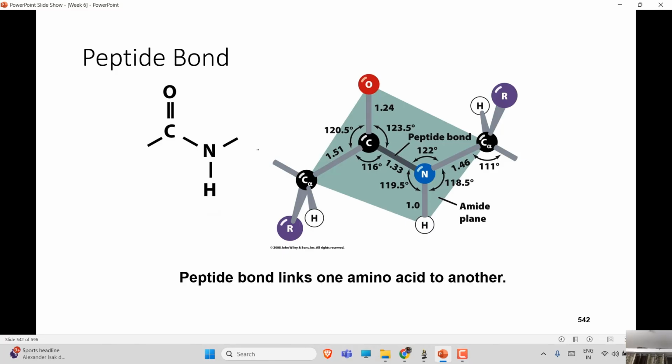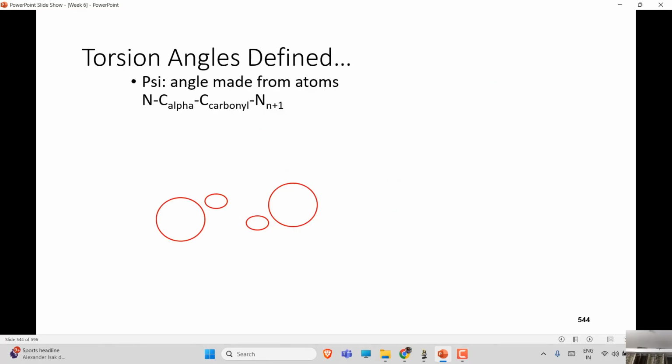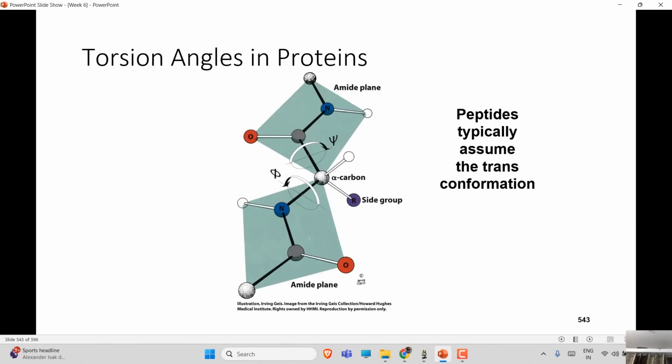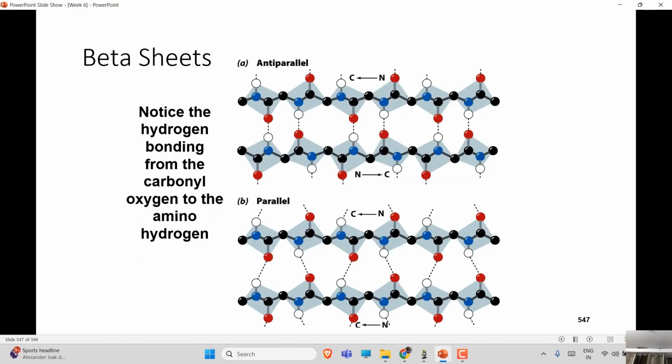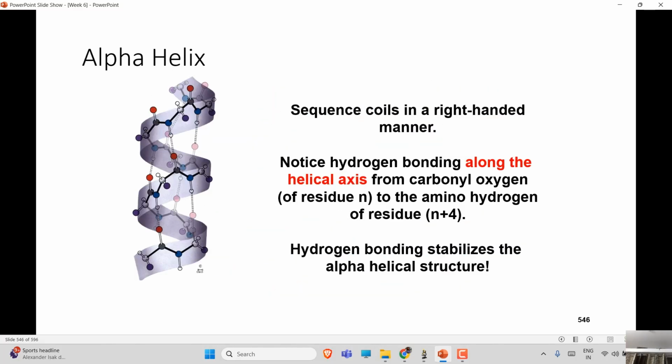It links one amino acid to another, torsion angle in proteins. Peptides typically assume the trans conformation. We know the sequence coils in a right-handed manner. Hydrogen bonding along the helical axis from the carbonyl oxygen of residue N to the amino hydrogen of residue N plus 4.